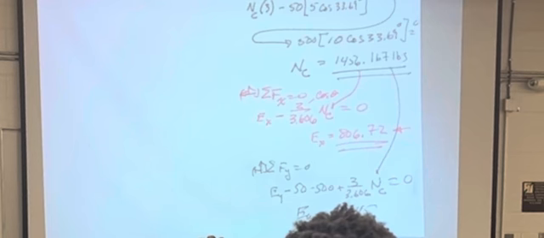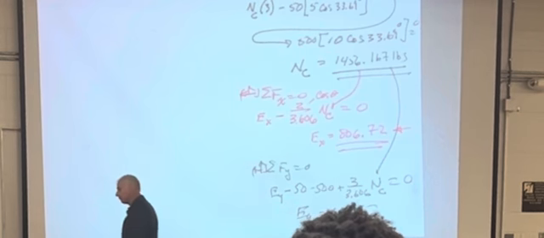You can see, right away I started with a moment equation. That gave me NC. Once I have NC, then I can get EX and EY by simply summing forces in X and Y. Now, I take this value of NC over to the other side.